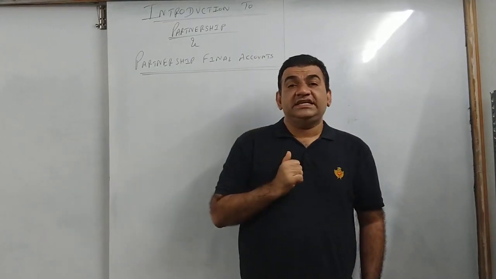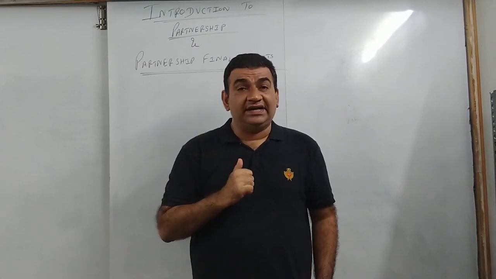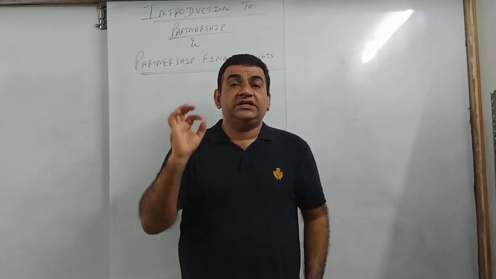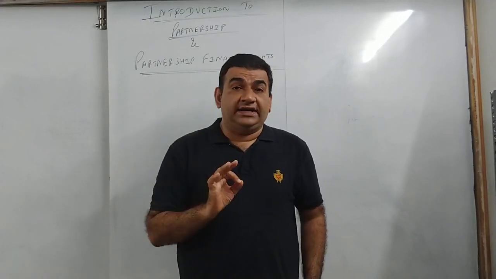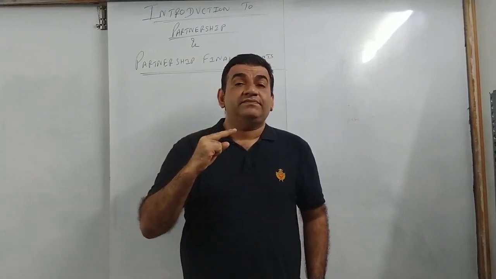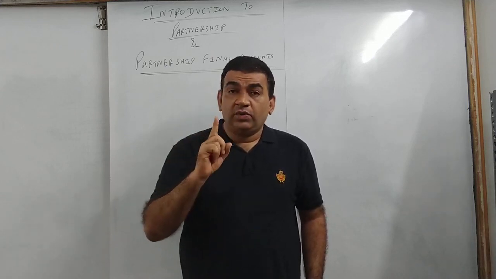Last year in FYJC, it was purely sole trader. What is sole trader? You all must have studied in OC. A single person doing the business, a single owner of the business, is a sole trader. And when I say partnership, partnership means there is more than one owner.